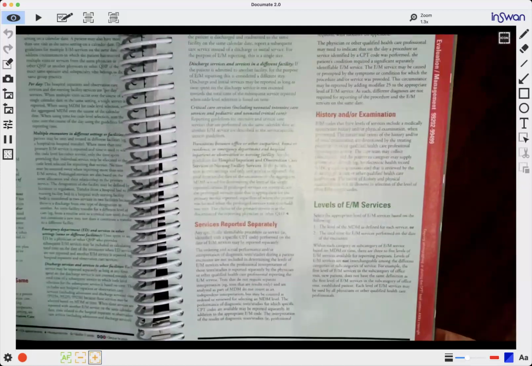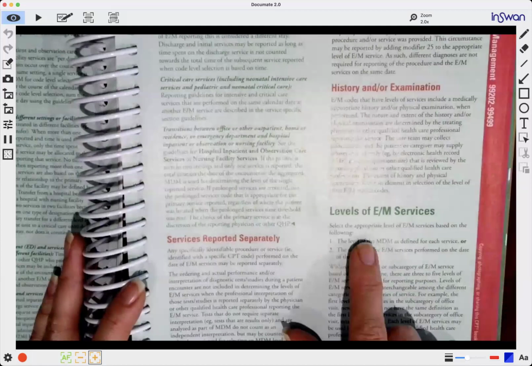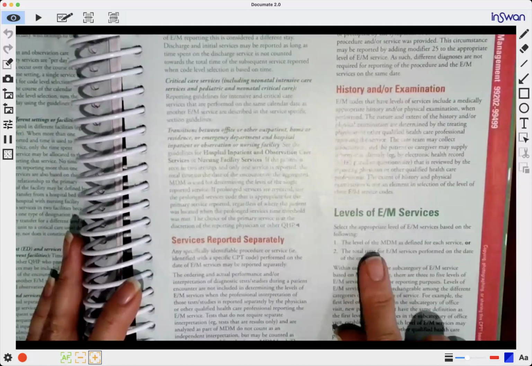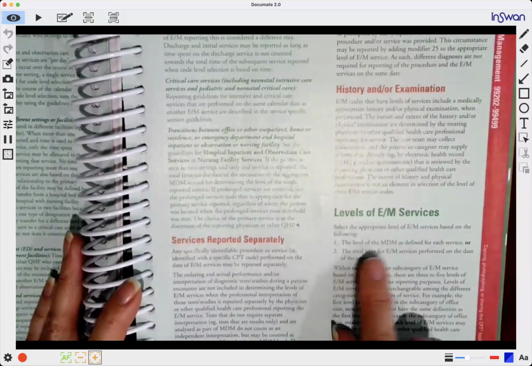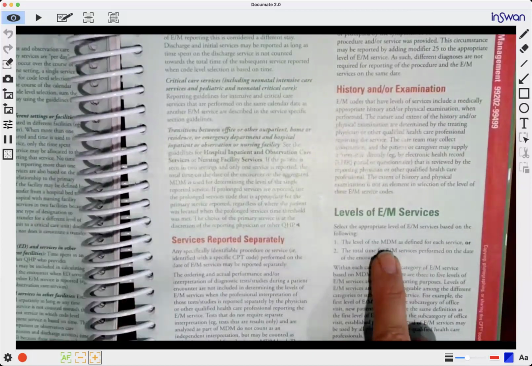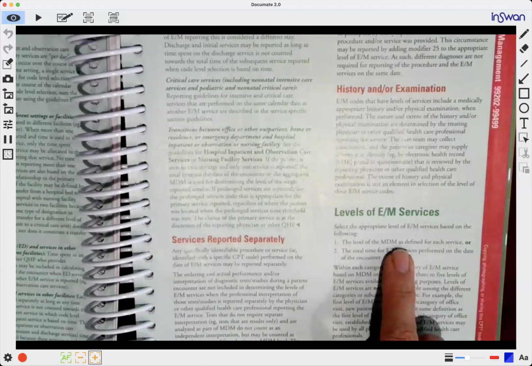So let me zoom in a little bit so you can see that. The level of medical decision-making as defined for each service, or the total time for E&M services performed on the date of the encounter. So you would add up the time spent that day. Time must be documented. In order to use time, they must indicate the total amount of time they spent.